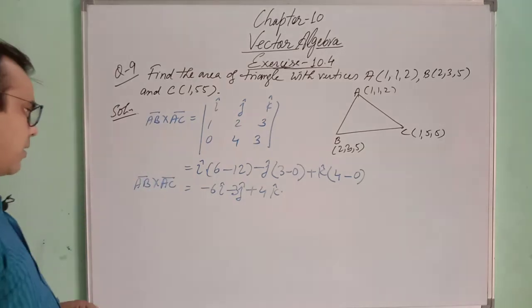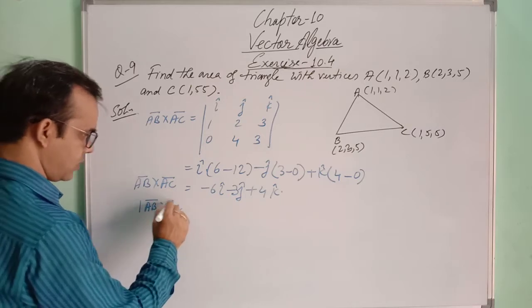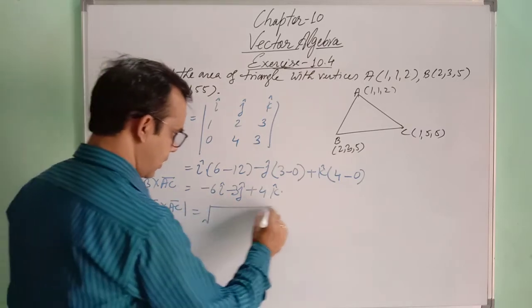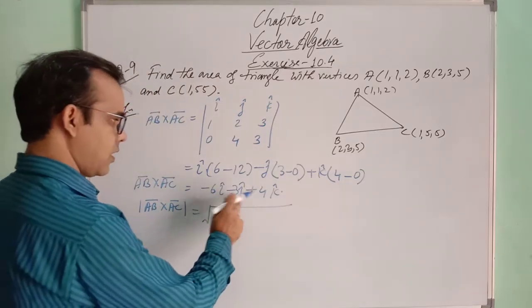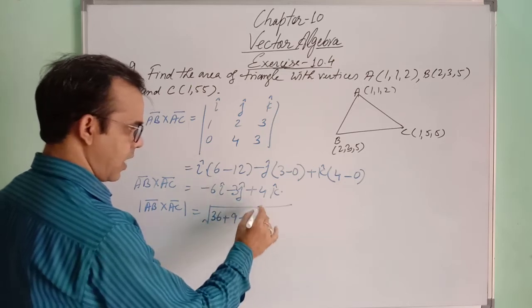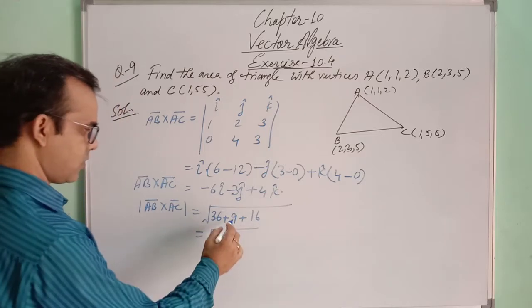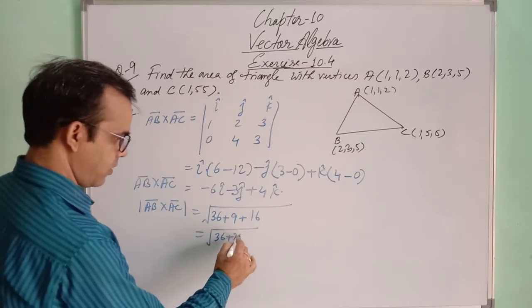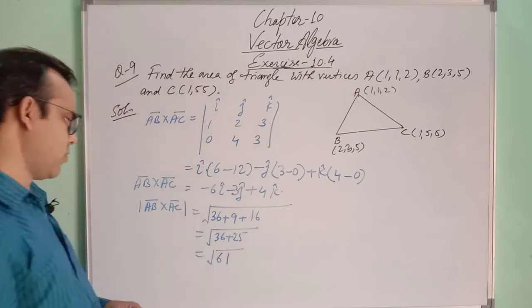Now we have to find the magnitude of this. The magnitude of AB cross AC will become the square root of the sum of the squares of the scalar components. So 6 square that is 36 plus 3 square 9 and 4 square 16. How much? 36 plus 25, it is 61, root 61.